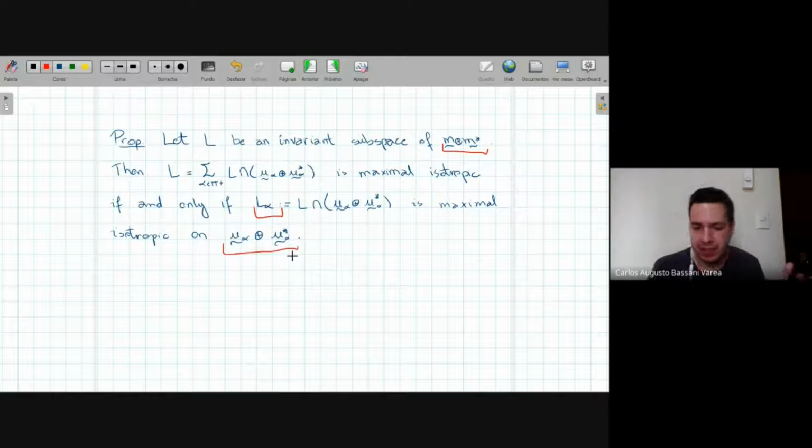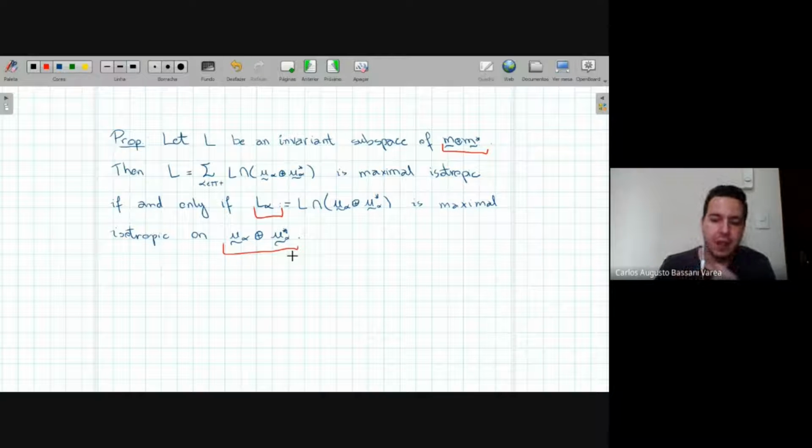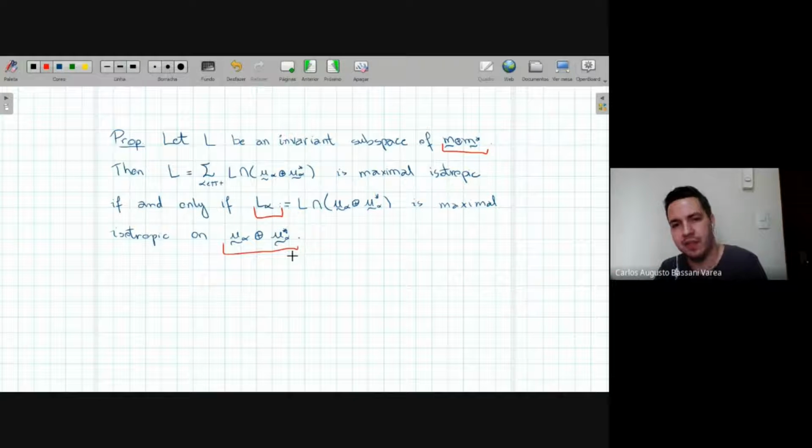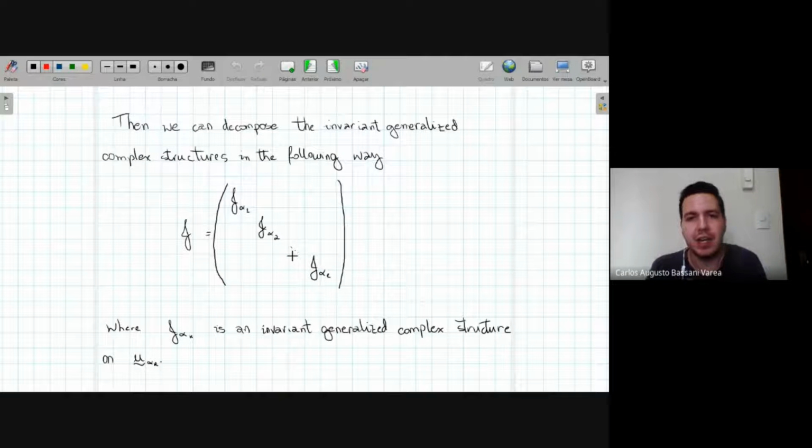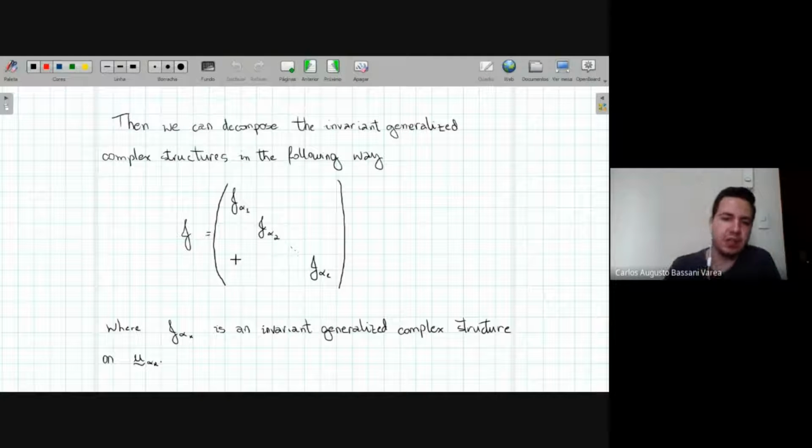Okay, I finished with this, and this is one of the key propositions, because when we pass from this notation of maximal isotropic subspace to the notion of endomorphisms, we have that an invariant generalized complex structure on a flag manifold can be decomposed in blocks on the diagonal, where each of these blocks is an invariant generalized complex structure on the space U alpha.